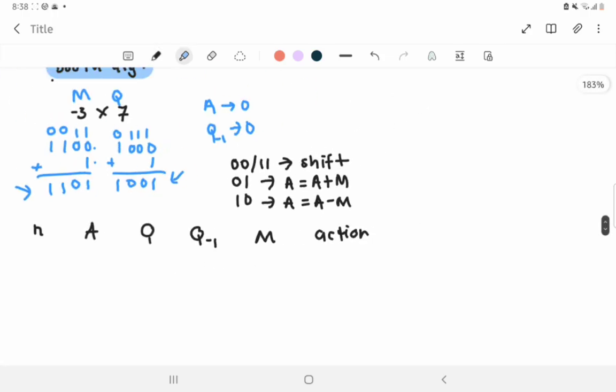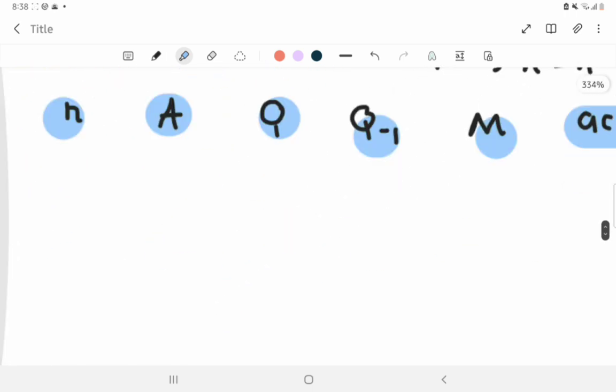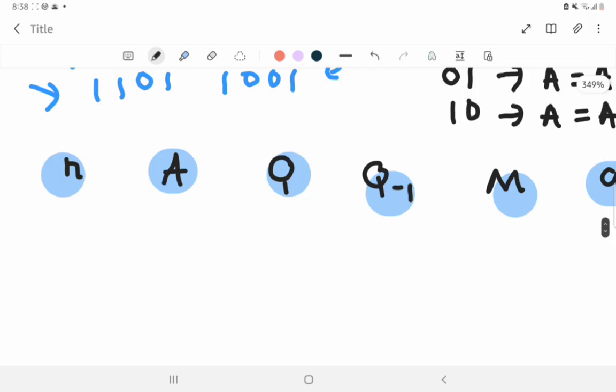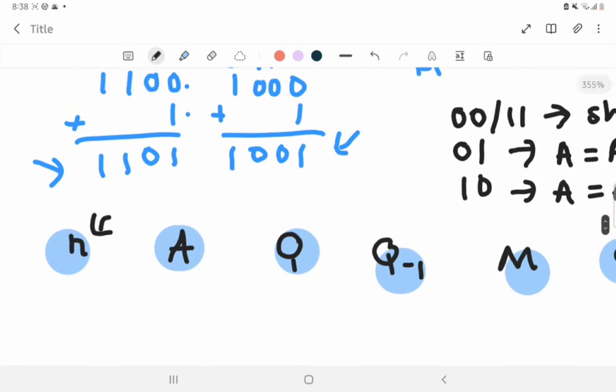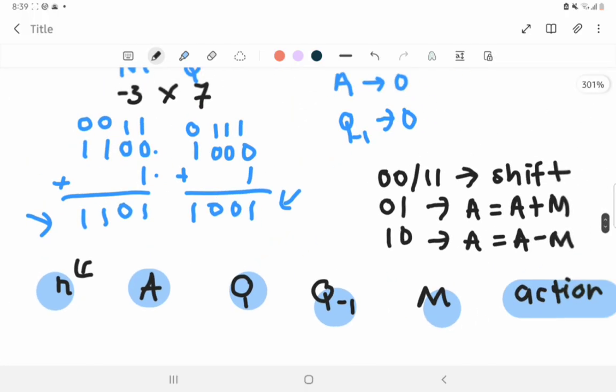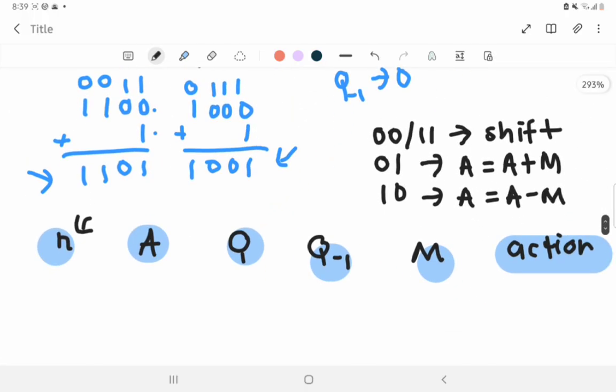These are the things you need to remember: N, A, Q, Q minus 1, M, and action. So what do we write here? First, we need to know N. N is the count. Count for what? Bit count. So you have to see here, we have 4 bits.